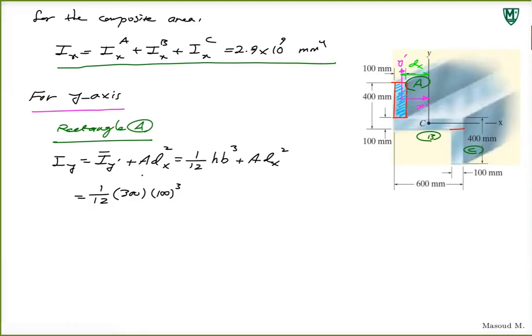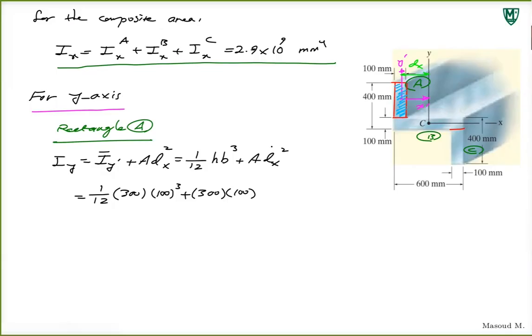All right. So 300, 100 cubed plus the area, which is 300 times 100, right? And then dx, what is dx here, guys? Distance between y and y prime, right? We're using parallel axis theorem.